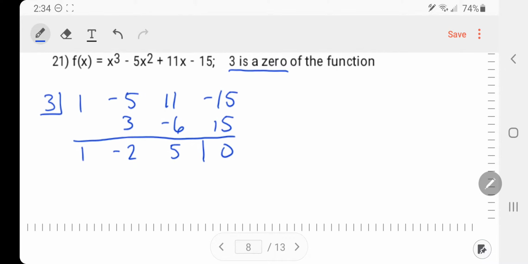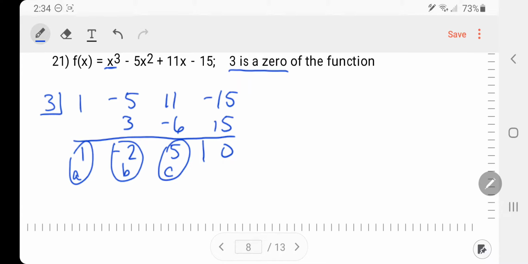Now, guess what that also tells me? Remember I said since the original function was cubic, x to the third, that means that the quotient, the 1, negative 2, and 5, that's going to be a, b, and c, because this is now quadratic.